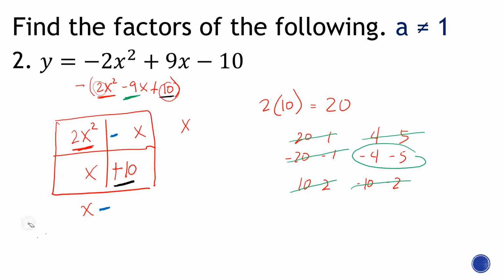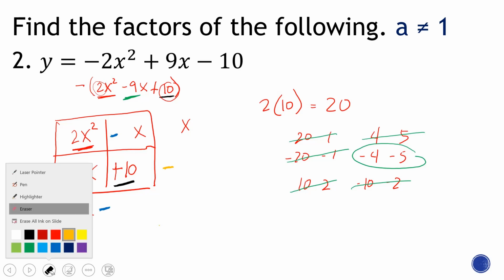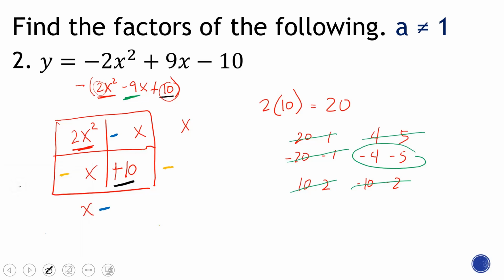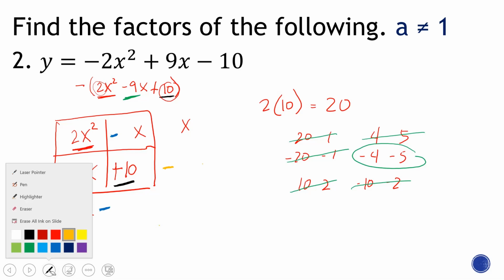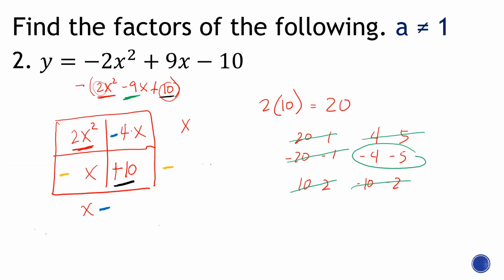Let's change this into orange. There you go. So that's 4 and then 5. Now we have completed the box.